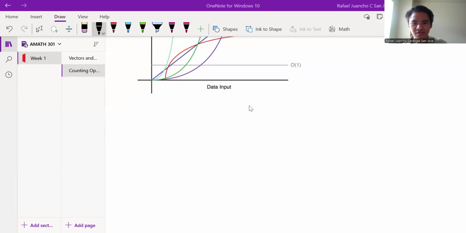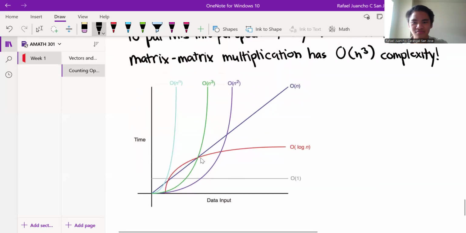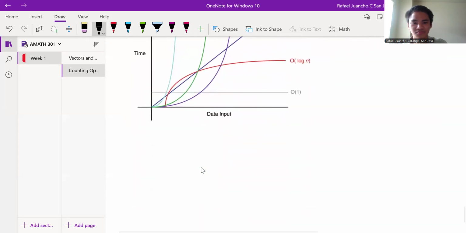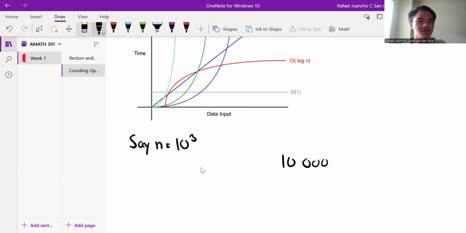Okay, let's make our n more concrete. Let's say n is 10 cubed. What's 10 cubed? 10, 1, 2, 3, 10,000. Let's say n has 10,000 rows and columns of data.